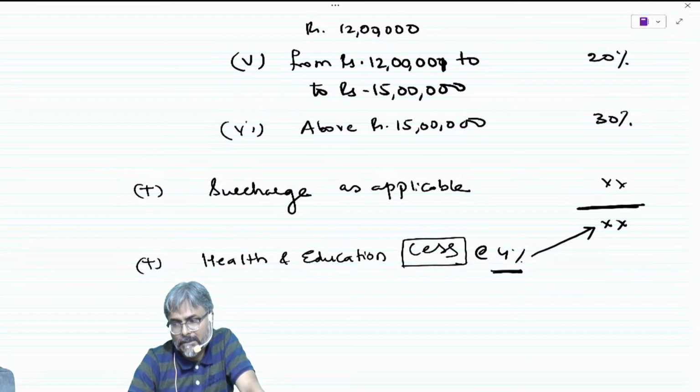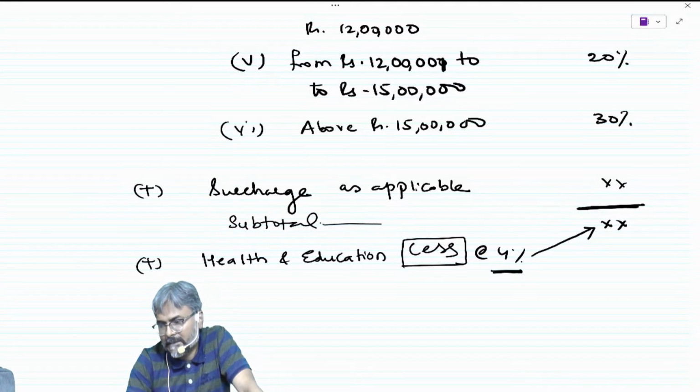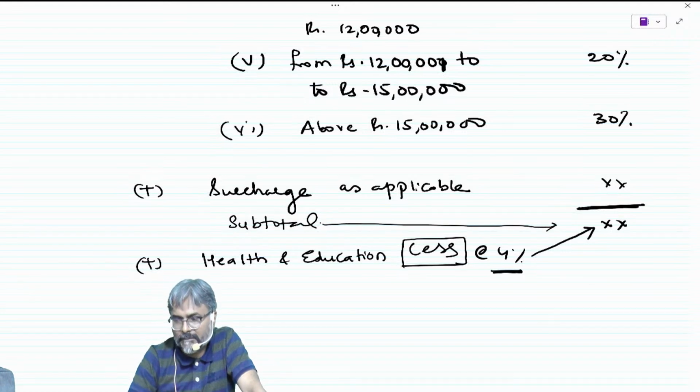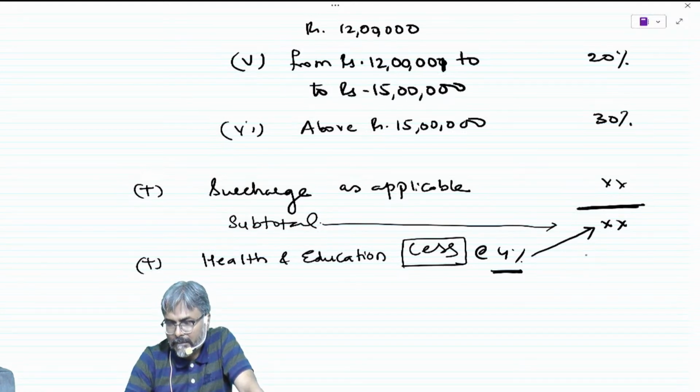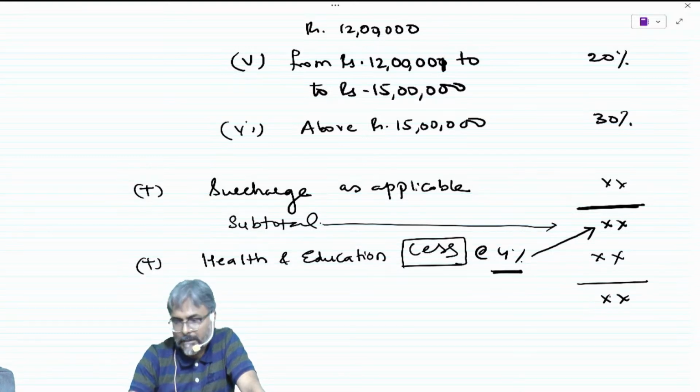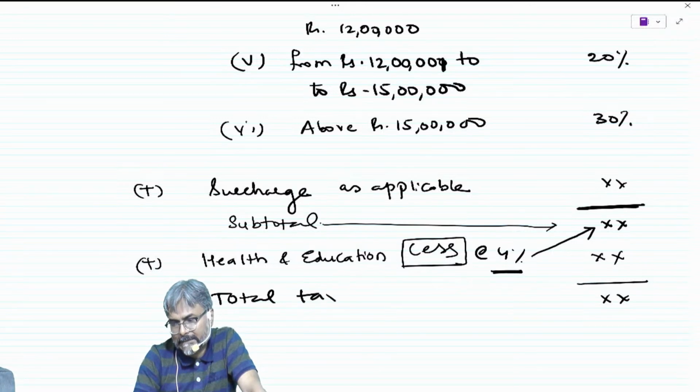Write the subtotal, then 4% of the subtotal. Then whatever is the amount, thereafter, total tax, with rounded off in the bracket.